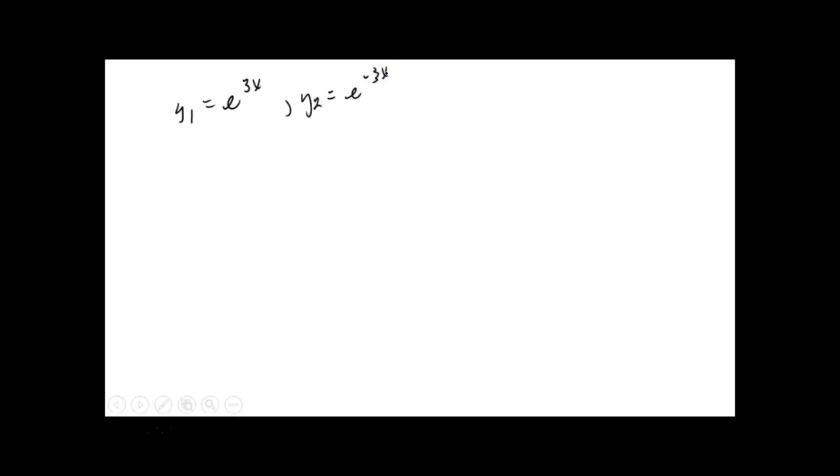Now, they're telling us both of these are solutions of the homogeneous linear differential equation y double prime minus 9y is equal to 0, on the interval minus infinity to infinity.